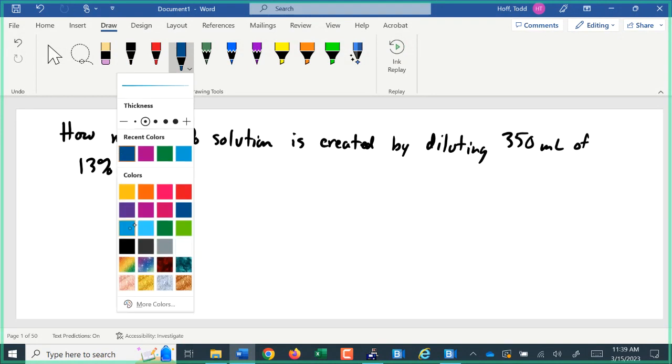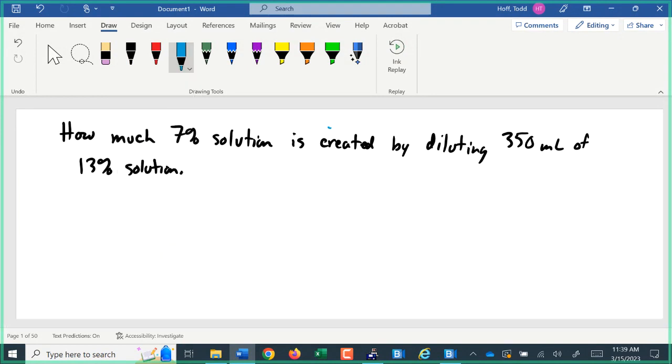The big formula that governed a problem like this was the change of concentration formula, or concentration adjustment formula: an initial concentration times the initial volume, C1 times V1, has to be equal to a final concentration times the final volume, C2 times V2.